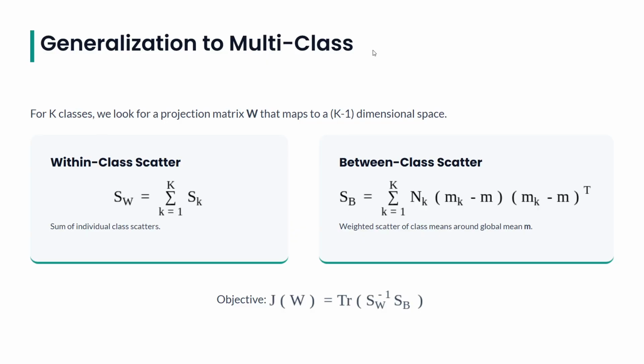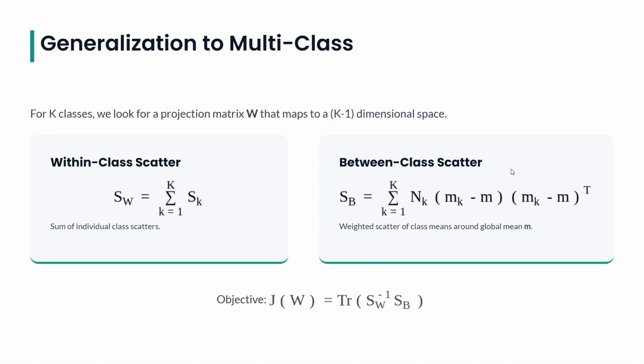Now, let's generalize this to multi-class, because it was binary class. So what will happen in multi-class? How will we find within-class scatter for multi-class? Here, we will get SW by summing the individual class scatters. So we will find SK for each class and then sum it.